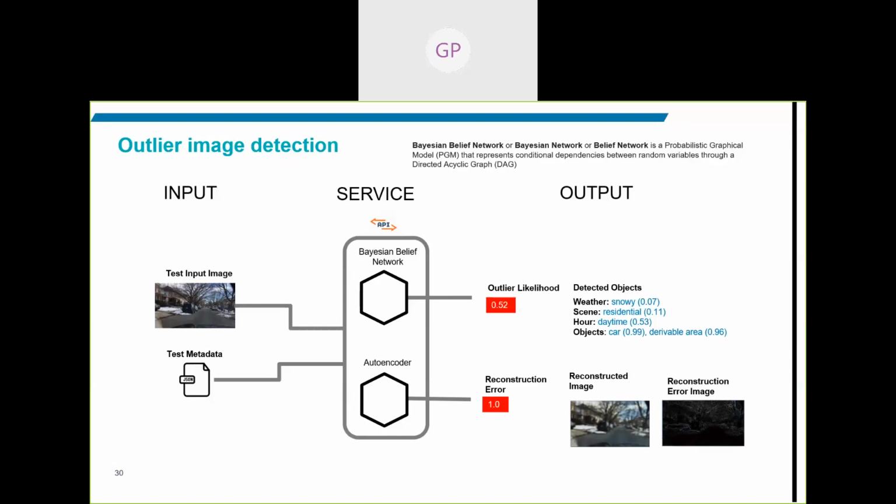And then we also used autoencoders. We trained the autoencoder first on diverse imagery data of vehicles, and then reconstructed a new image which is coming in to see whether the error is above a certain threshold or not.